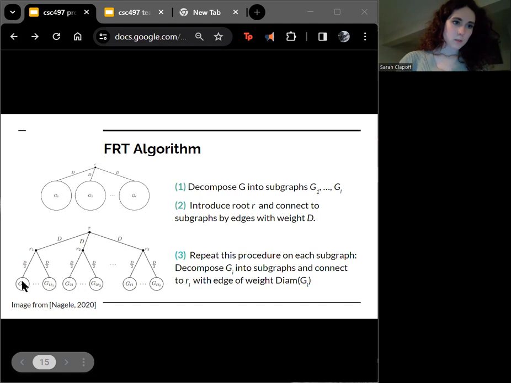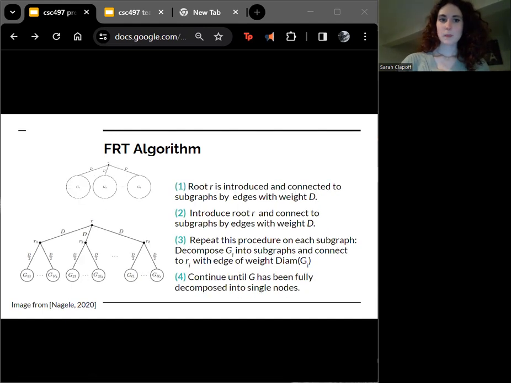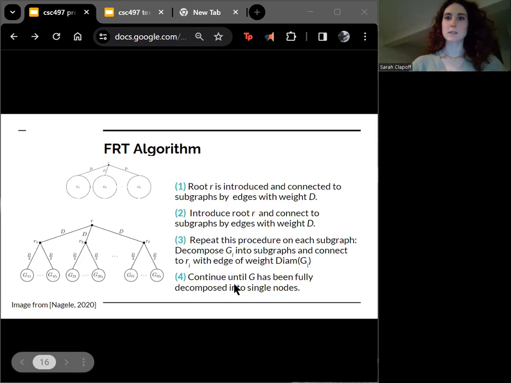And then note here that the diameter of each one of these is at most the diameter of G1 divided by 2. And so we just continue to do that on all of these subgroups, and then on all of these subgroups, and so on, until G has been fully decomposed into single nodes.